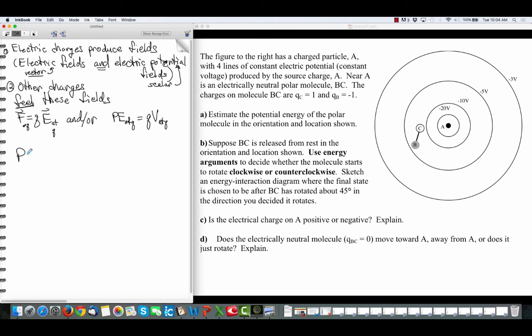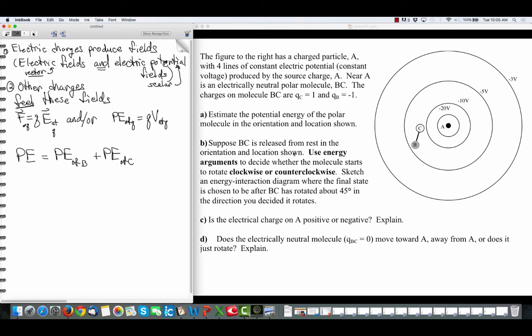I'll just remind you that potential energies are additive. Energies are additive. So if you know the potential energy of B and the potential energy of C, then you can add them together to get the total potential energy.